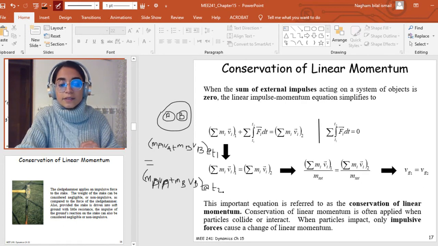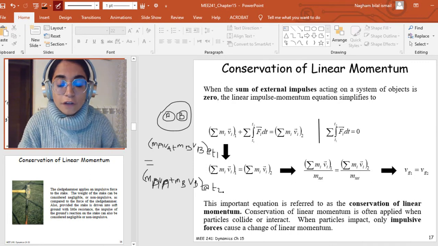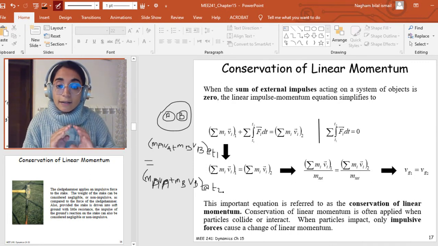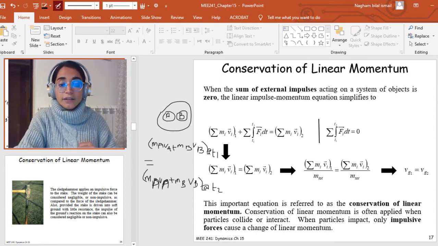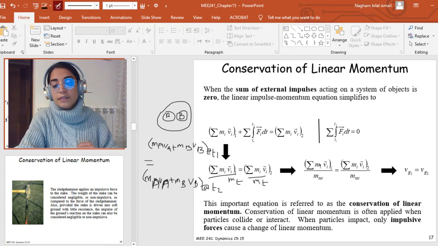Alright? So this is called the conservation of linear momentum. It's only applicable if the sum of external impulses acting on the system of particles is equal to 0. Now, if I divide these two terms by the total mass, mt and mt, I'm going to have the velocity of the center of mass for the system of particles.